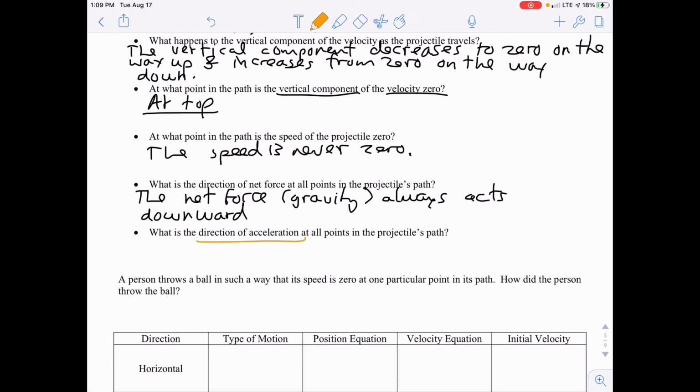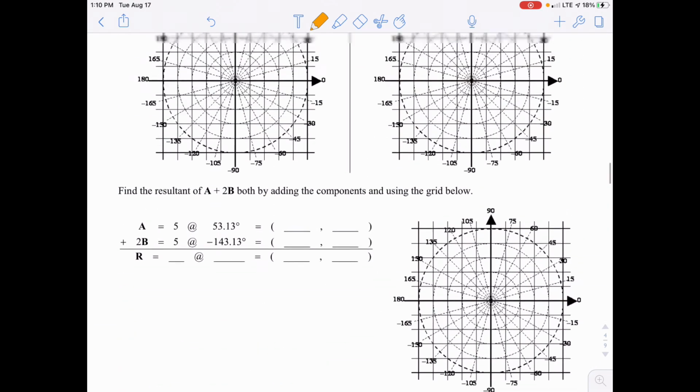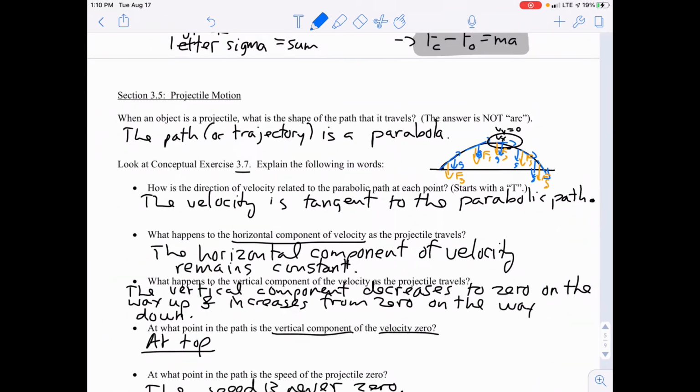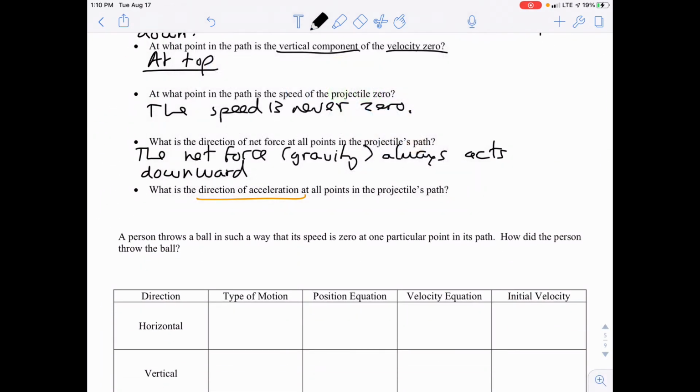What is the acceleration? Well, according to Newton's second law, net force causes an object to accelerate. So whichever way the net force points, that's the way the acceleration points. If the net force is pointing down, then the acceleration is also down, and that would be g. Forgive the messiness of this picture, but the acceleration will also be downward.